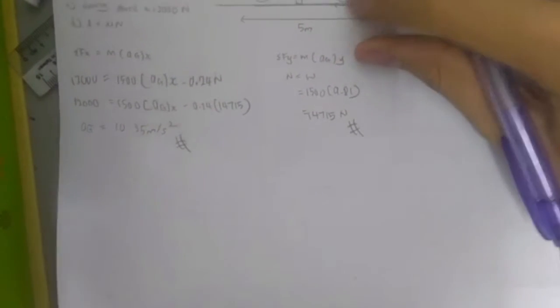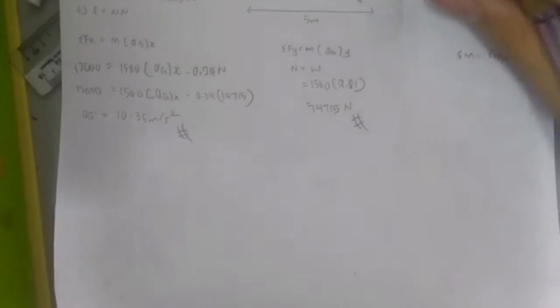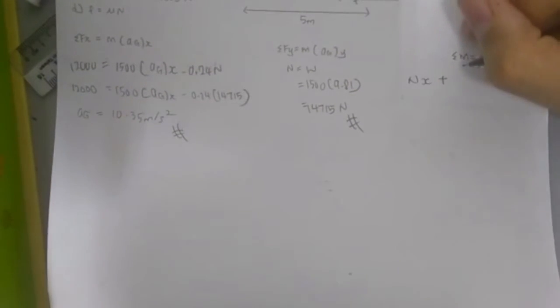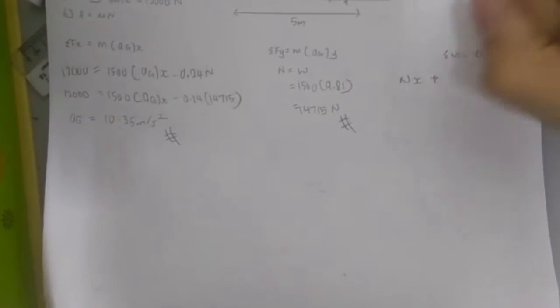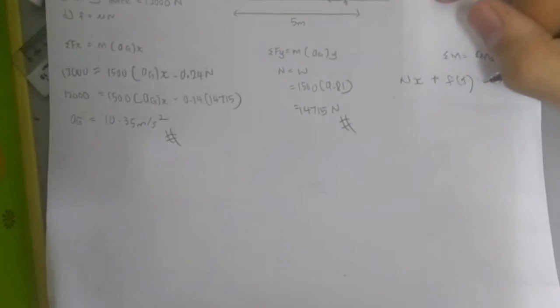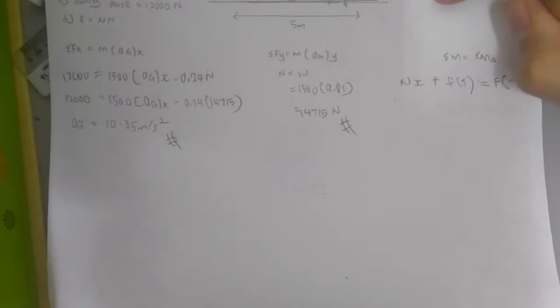So we got 3 meters here. Okay, sorry about that. The length is quite a bit of a big difference, but it's the same. So here is the 3 meter. Okay, so we got an n here times the x, plus the f times 3, equal to the driving force times 3.